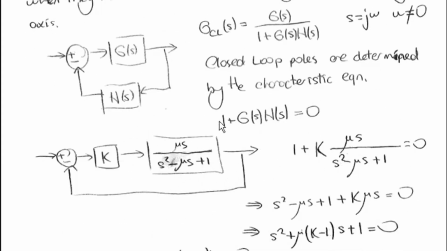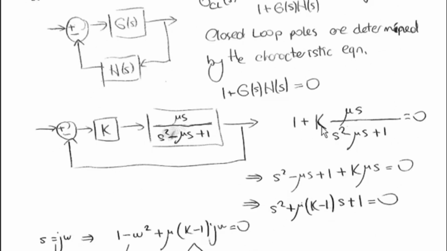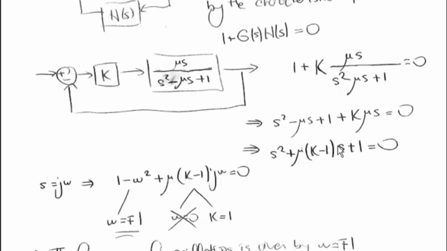If I write this characteristic equation in this form, remember this K is equal to E hat squared over 4, but I will keep the notation K for the sake of simplicity. Then I want to solve this equation by substituting s equals j omega. Let us first equate the numerators here, which gives me this polynomial equal to 0.